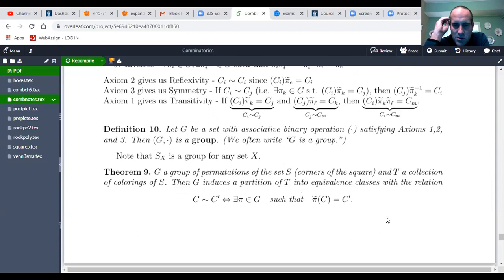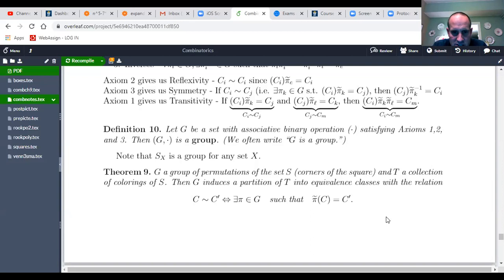And by the way, eventually S will be things like edges. We'll color edges as well, you know, just for kicks, okay? So then G induces a partition of T into equivalence classes, okay? This is kind of what we were trying to make rigorous upstairs, right? G induces a partition of the colorings. Remember, T are the colorings, okay?